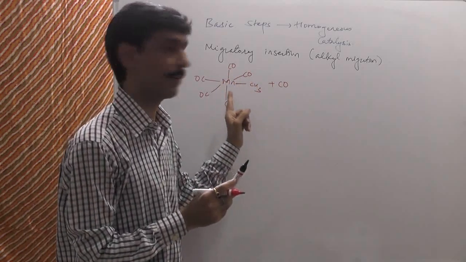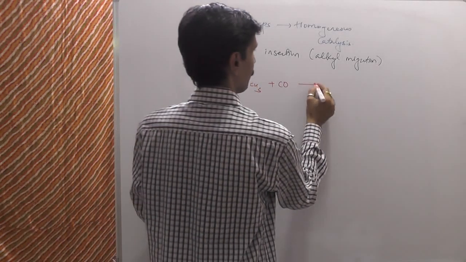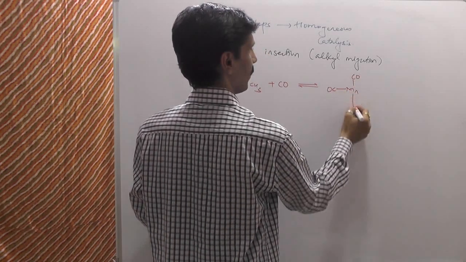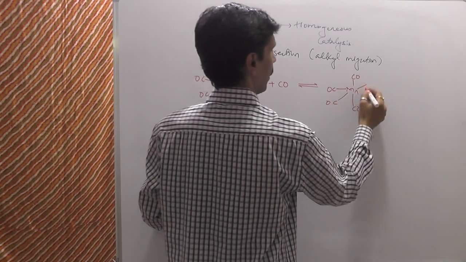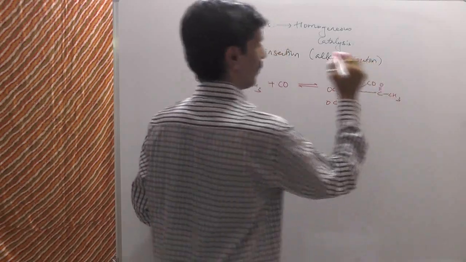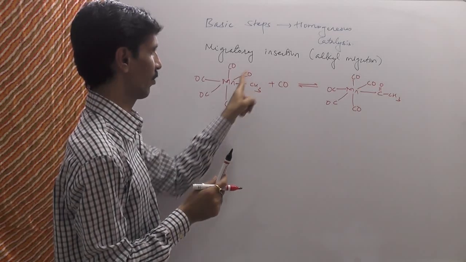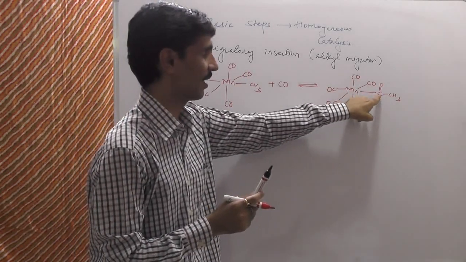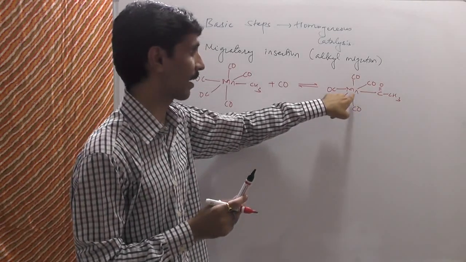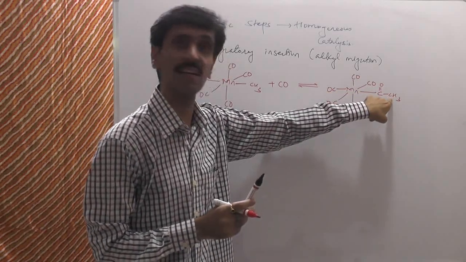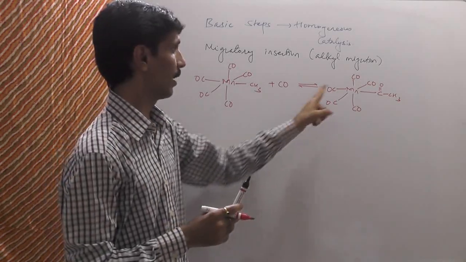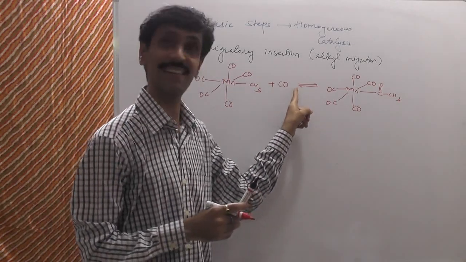CO is to be inserted in between manganese and CH3. And the product that is going to be formed is this. Between Mn and CH3 the CO is being inserted, such that the atom of the inserted molecule, that is carbon, is linked with manganese as well as with C of CH3. That's why we call this a 1,1 insertion reaction. The reverse of this is called a de-insertion reaction.